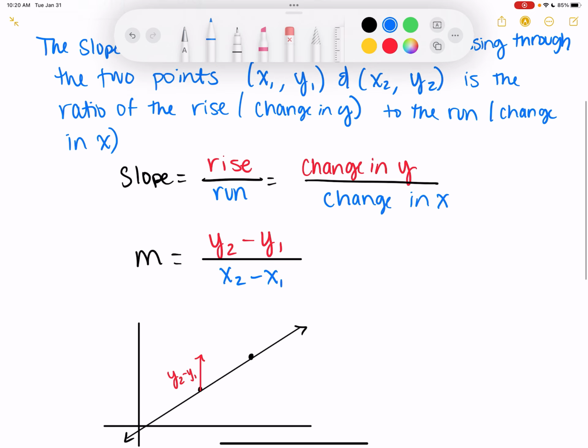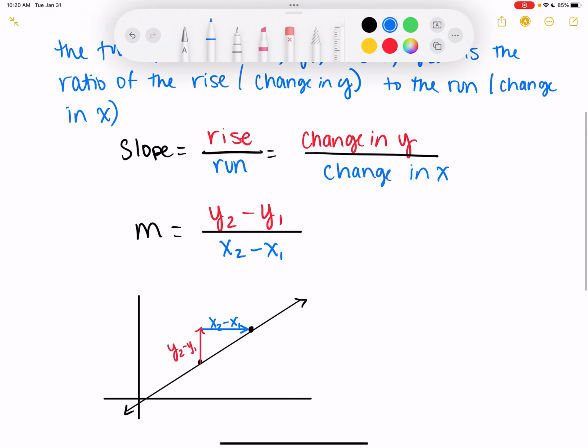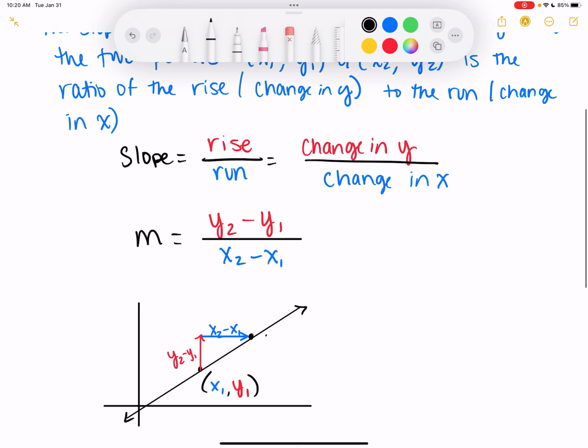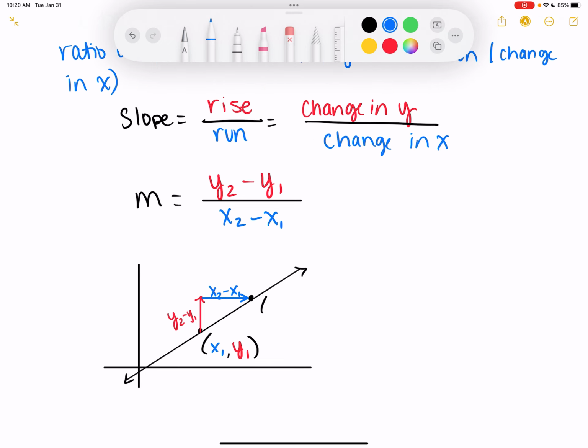And then the run is this value, which is x2 minus x1. And so this point here is x1, y1, and this other point is x2, y2. And obviously x and y axis here.